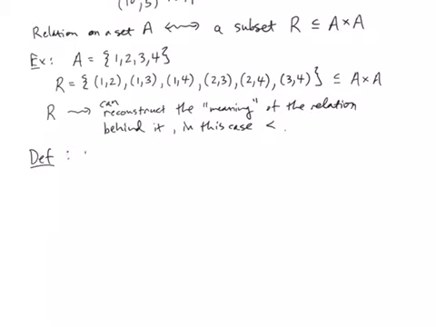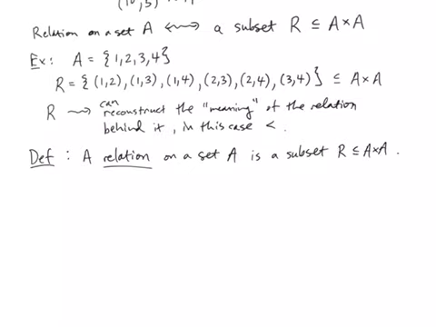So definition, a relation on a set A is a subset R of A cross A. That's it. And so that's the definition, and then just a little bit of notation.